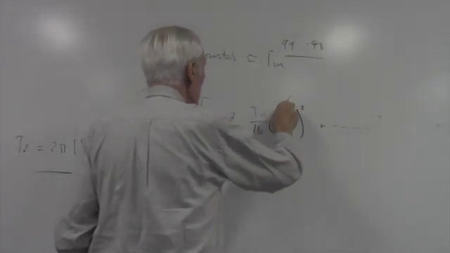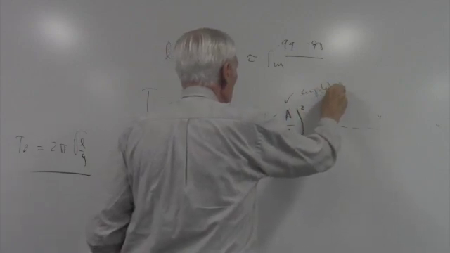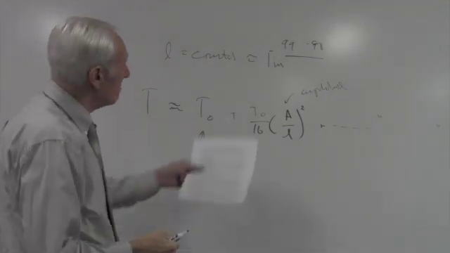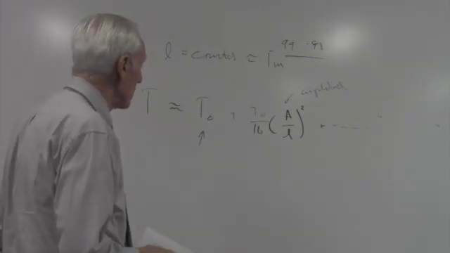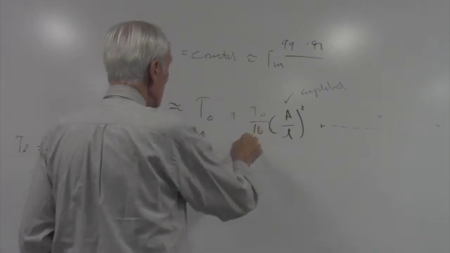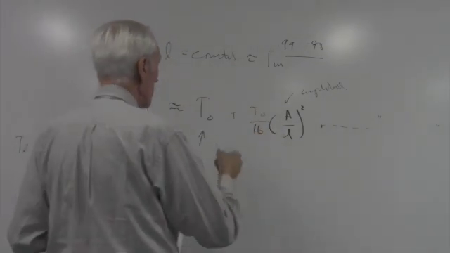A, of course, is the amplitude, and L is the length of the pendulum, which is going to be pretty close to 1 meter. So this number is going to be about 1, and T0 is going to be about 2 seconds.